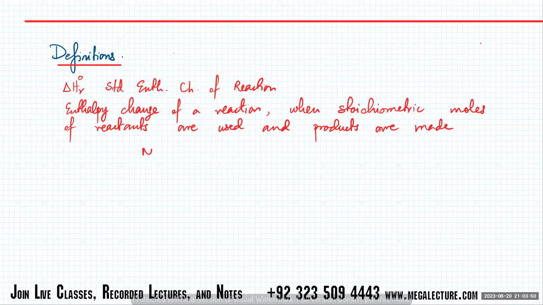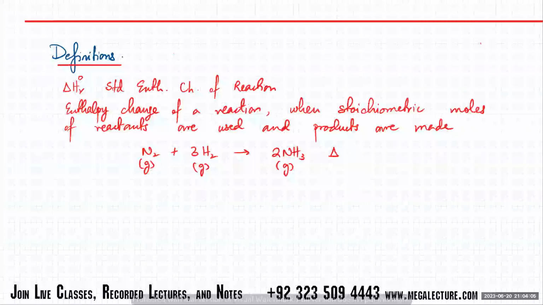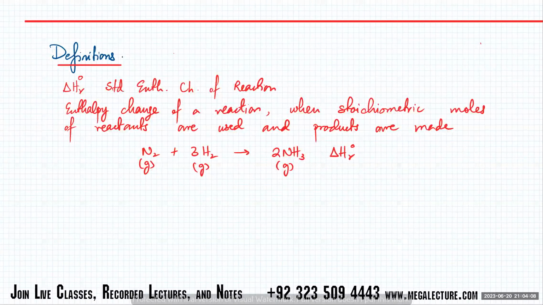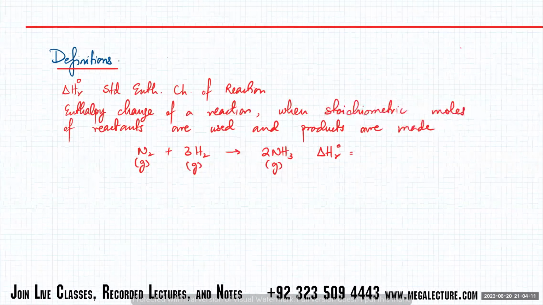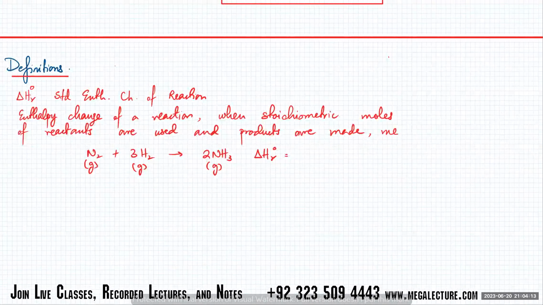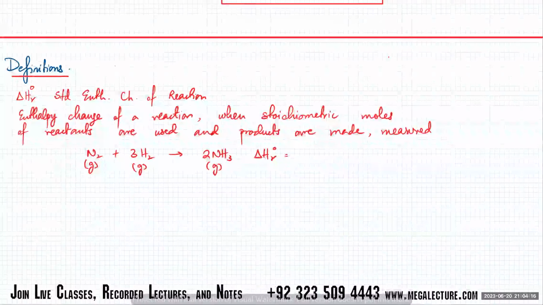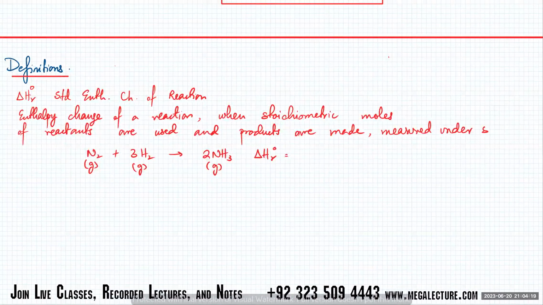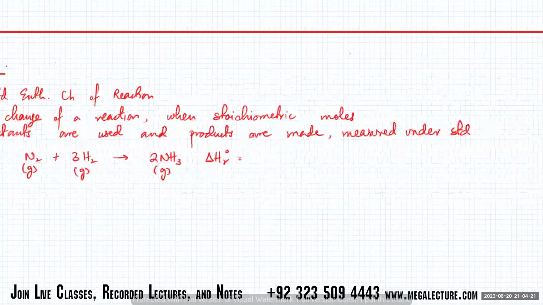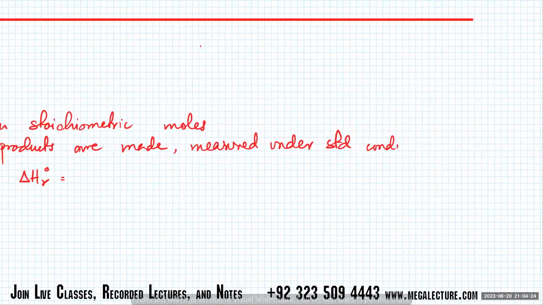If I say that N2 and H2 they react and they form, let's say, 2NH3, ignore the reversible sign. And the enthalpy change of reaction given, or the standard enthalpy change, is kind of measured under standard conditions.